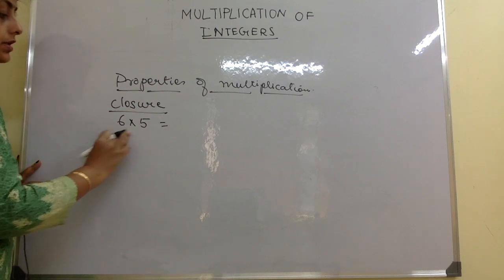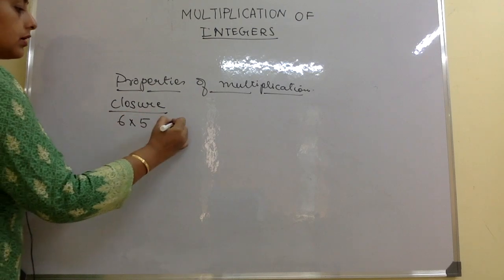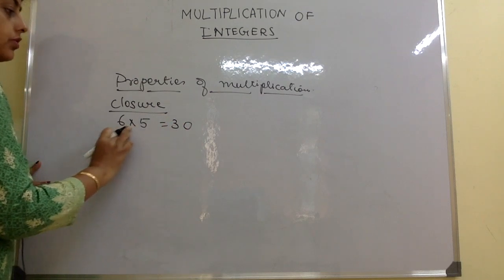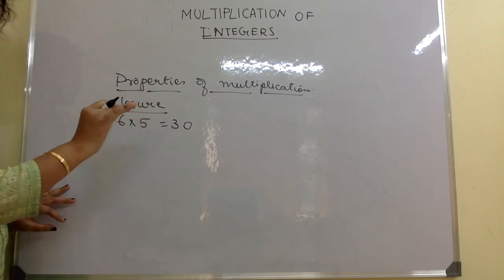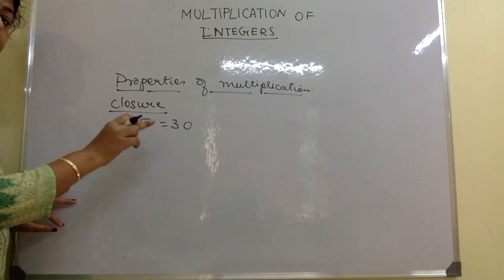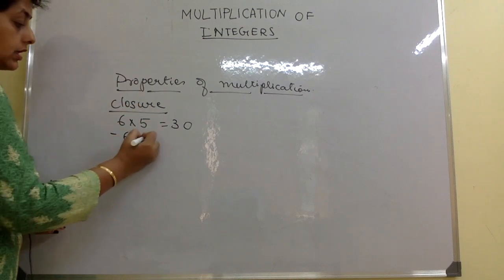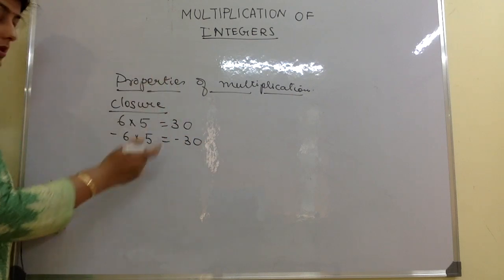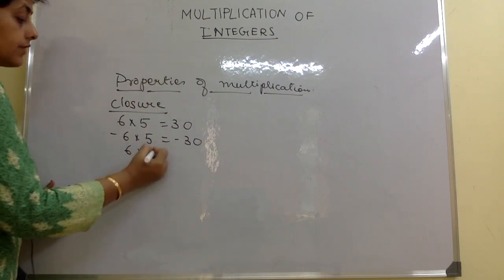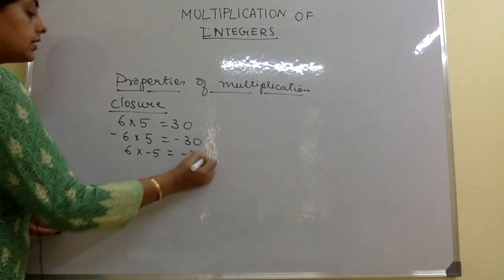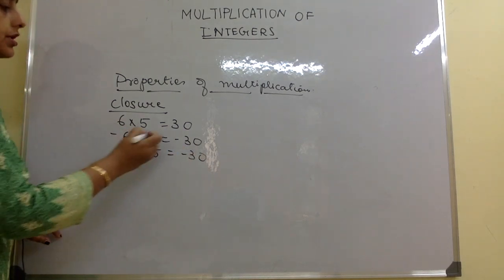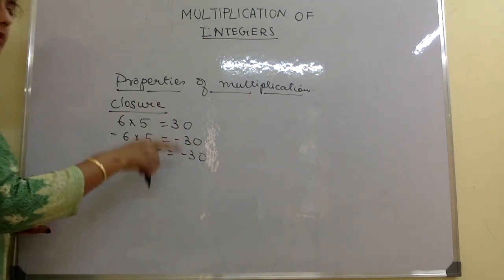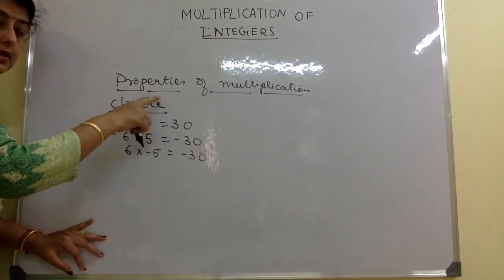Now closure property says the same thing. 6 into 5, an integer on multiplying another integer gives only an integer. Therefore, closure property is: integers are closed under multiplication. Minus 6 into 5, that also is a minus 30, which is again an integer. 6 into minus 5, even that is an integer. So in multiplying two integers, if I am getting an integer as the result, I have to check this, is this an integer?